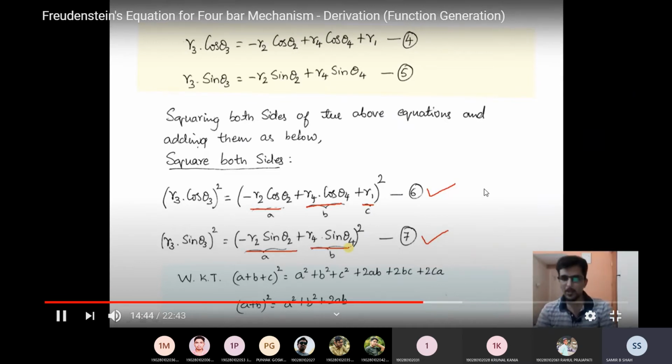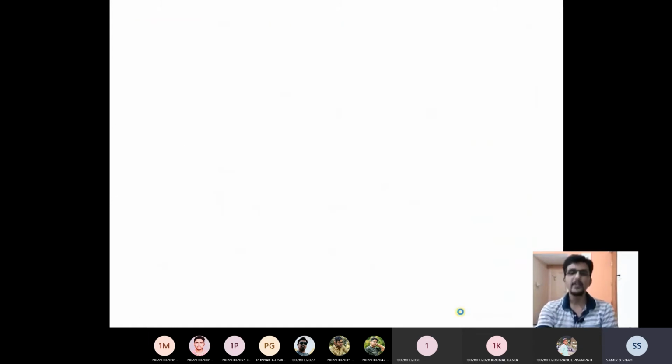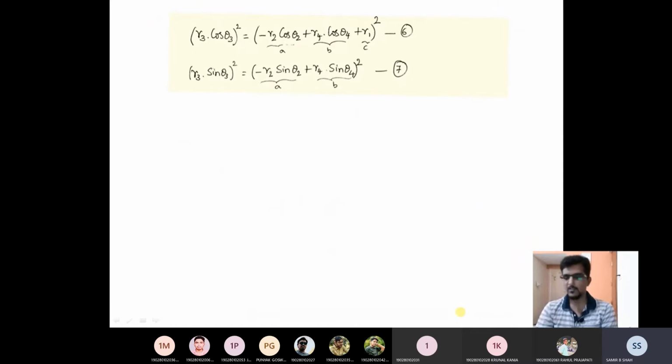A square plus B square is a well-known formula. So I have to expand equation 6 and equation 7 according to the formulas given here. In a simple sense, let me go forward and expand them. This is equation 6 and equation 7 from the previous slide.